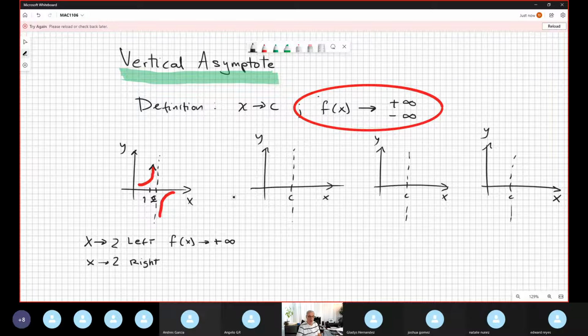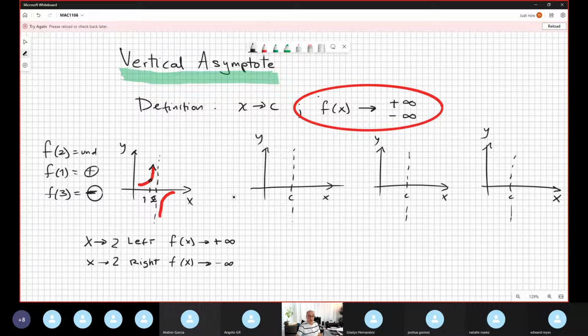And when you approach 2 from the right, like 2.1, 2.2, the function is going to negative infinity. This is super easy to investigate, no big deal. You know that the function at 2 is undefined. You evaluate the function at 1. Suppose that it is a positive number. And the function at 3 is negative, sorry. So the behavior looks like that.